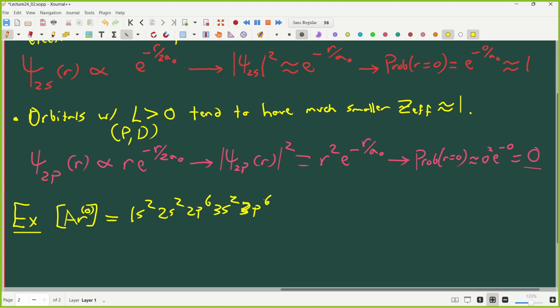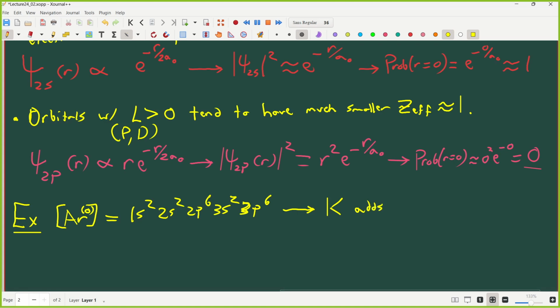And of course, when you go to potassium, it's the next atom, so we add one more electron.